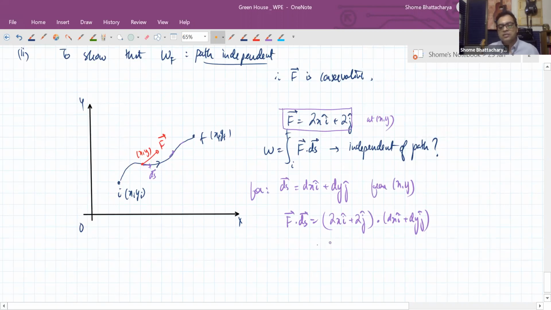So this relation becomes 2x dx plus 2 dy. So this is my F dot ds.